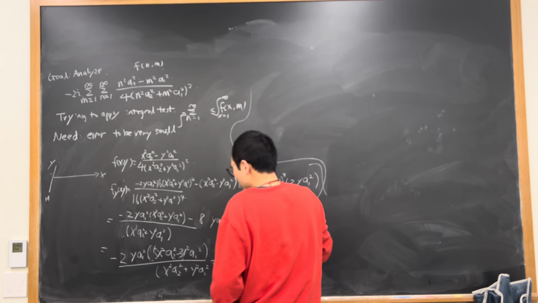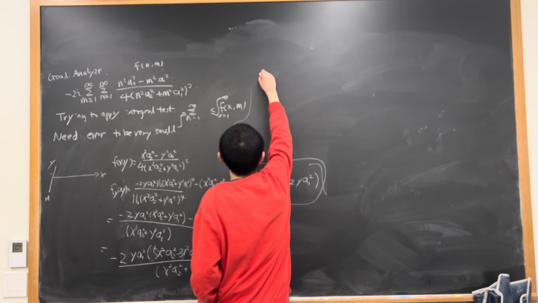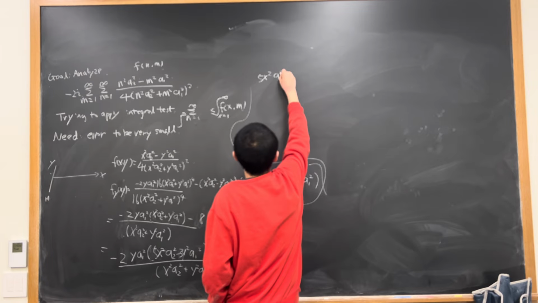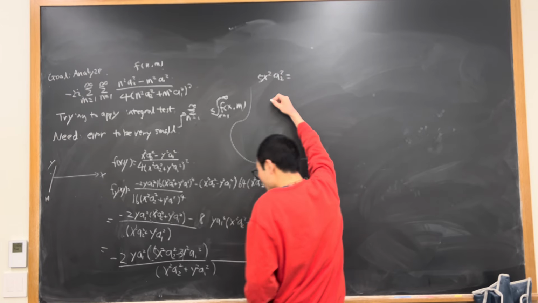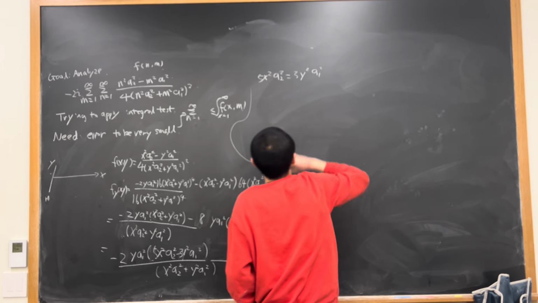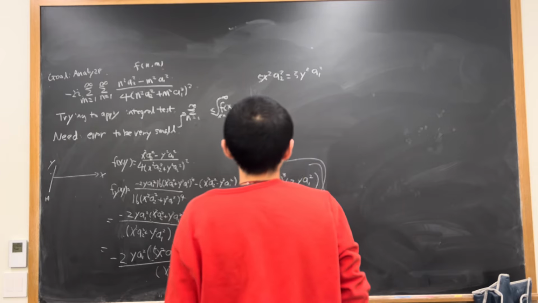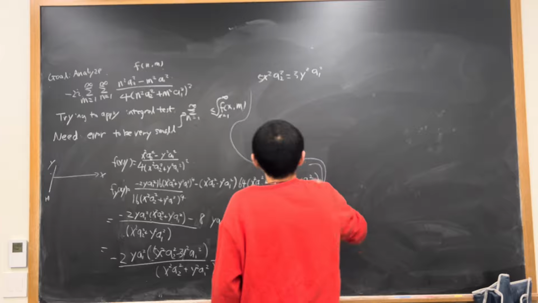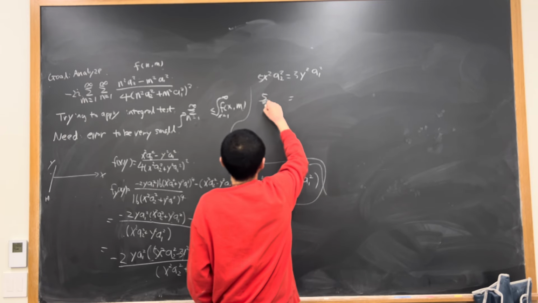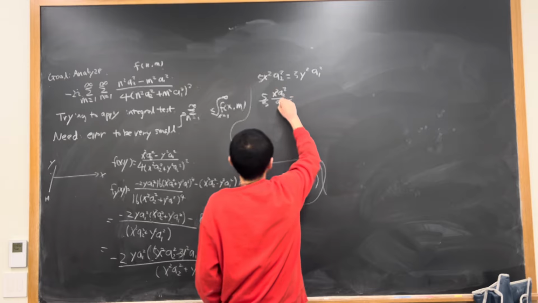So y can be equal to 0, right? So this implies that we want to solve for 5x squared a2 squared, which is equal to 3y squared a1 squared. So you have 5 over 3 x squared a2 squared over a1 squared.